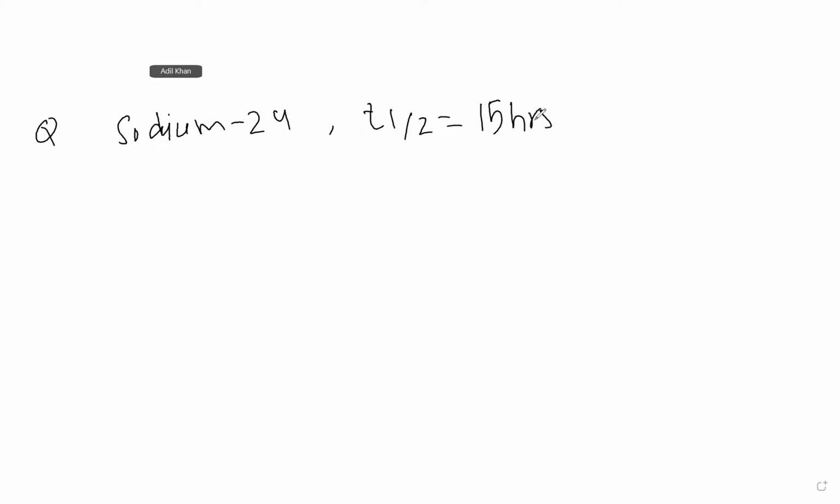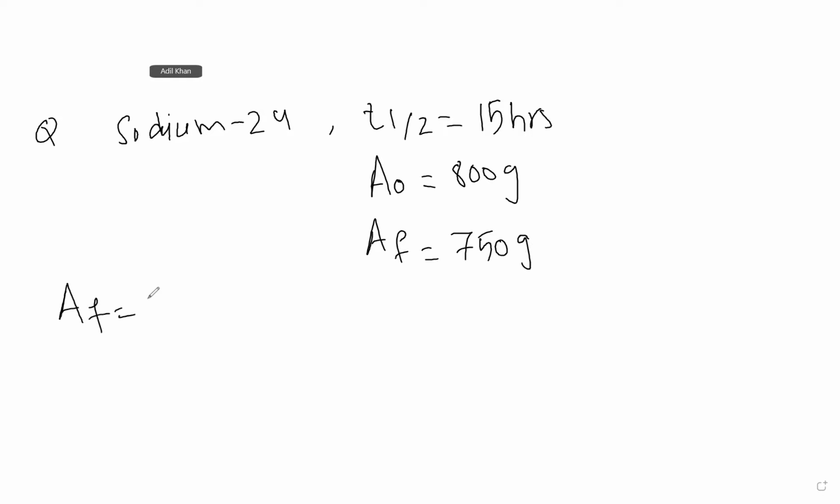And A naught is 800 grams, and A final is 750 grams. Okay, now let's write our formula: A final equals A naught e to the negative kt. Notice the change.